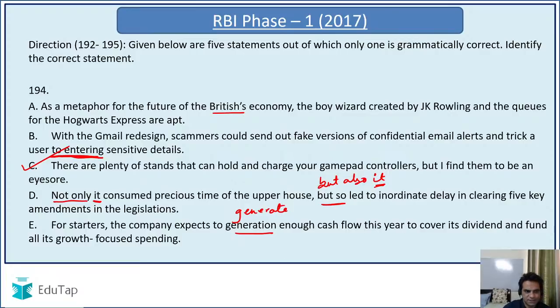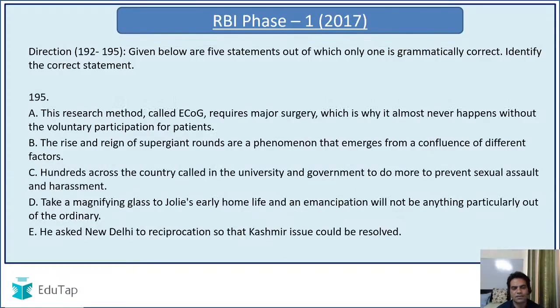All right, guys. And another question from the paper 2017. Okay, let's read the 5 sentences and let's find out the correct answer, guys. This research method called ECOG requires major surgery, which is why it almost never happens without the voluntary participation for patients. Okay, the rise and reign of supergiant rounds are a phenomenon that emerges from a confluence of different factors.